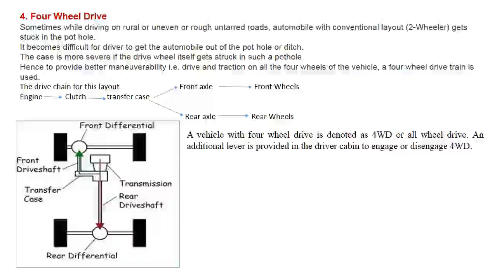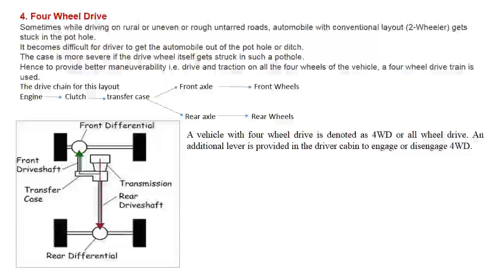The wheel may be arrested in the pothole on the road surface, and it becomes very difficult for the driver to get the automobile out of the pothole or ditch.